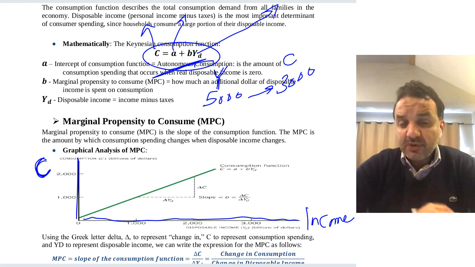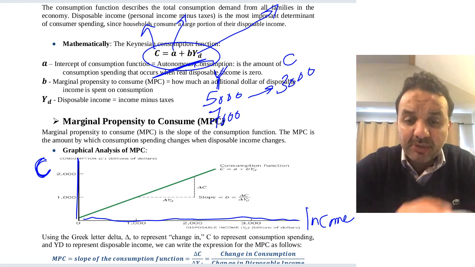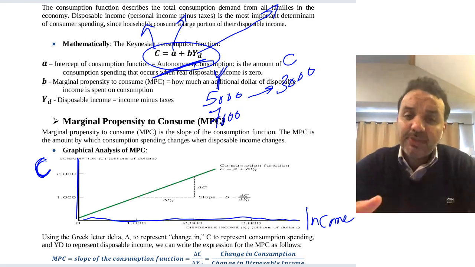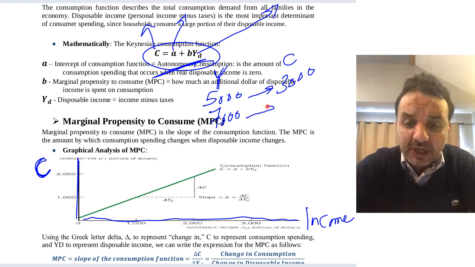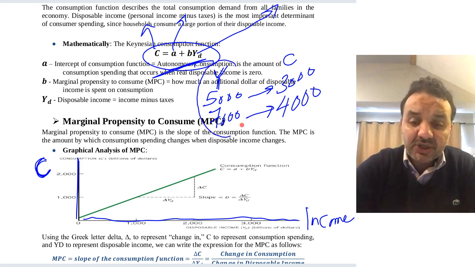But what if you move to another job and now your income is higher, so your income is 7,000? It's expected that you will spend more. So let's say your consumption is going to be 4,000 and so on. We're going to put these income numbers on the x-axis here, and this is your consumption.